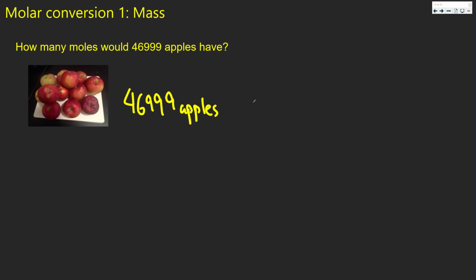So I have 46,999 apples. I need moles, so I'm going to times a division bar. Since I need to get rid of apples, apples is going to be in my denominator. What I want at the top is moles. So is there one conversion unit that involves moles and number of things?